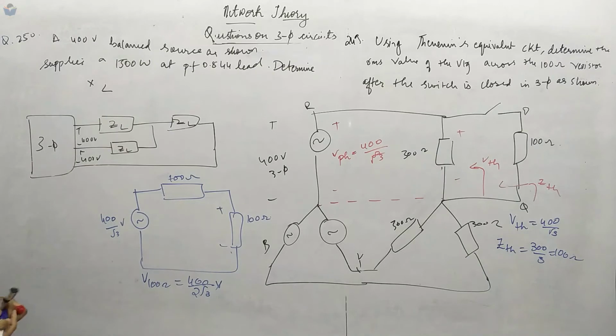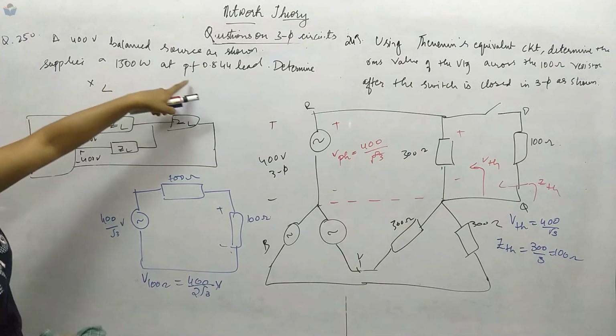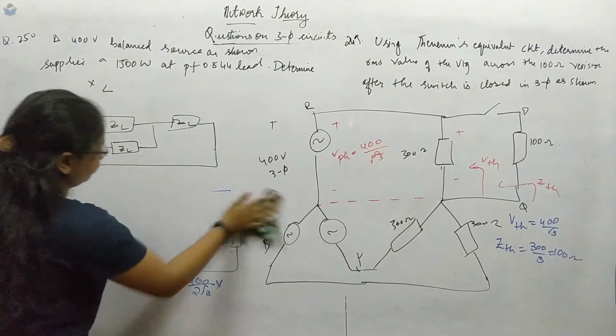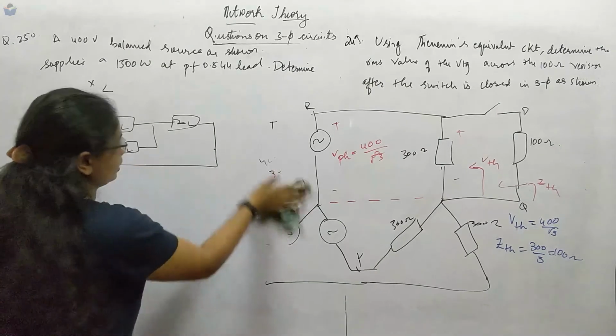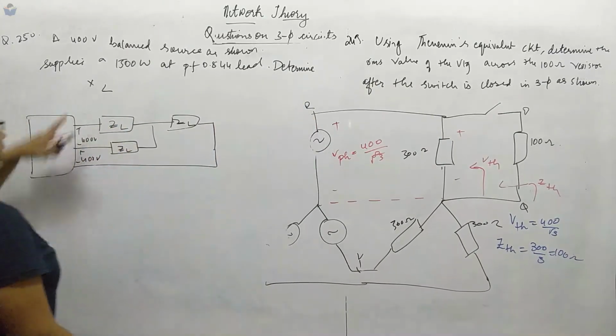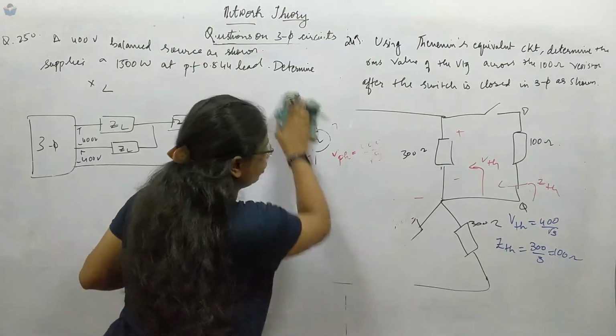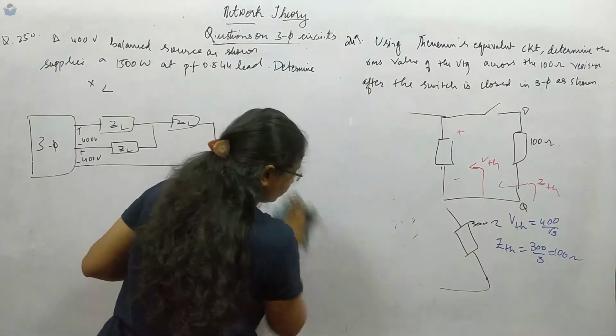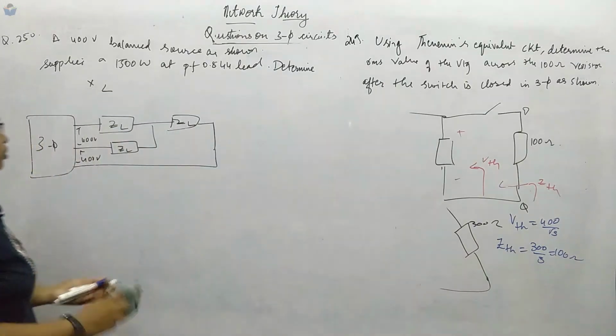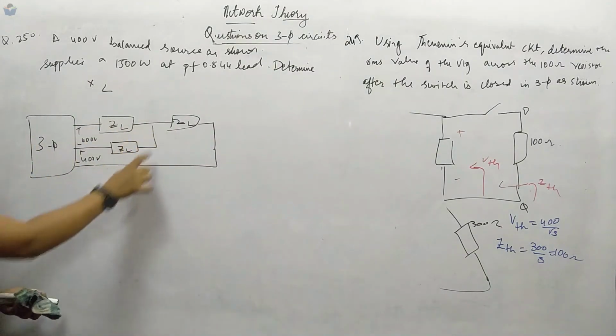Okay, so coming to the next question: a 400 volt balanced source is shown which supplies 1500 watts at 0.844 leading power factor. We have to determine the XL. This XL is not the inductive reactance, it is the load reactance. Now to find that, it is star connected.